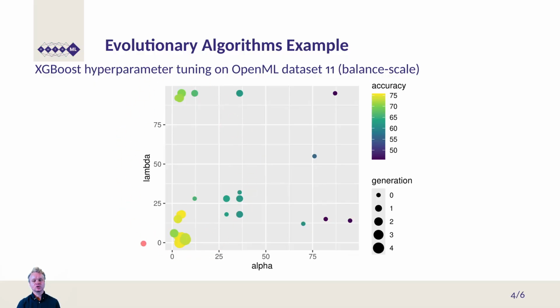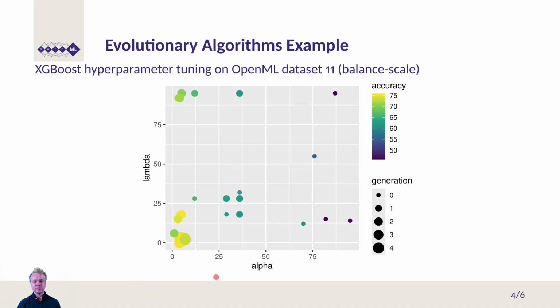All of the large circles for the later generations are clustered on the left-hand side of the graph, for small values of alpha, in particular in the bottom left corner where we have small values of lambda and alpha, which is where we observe the overall best configuration.